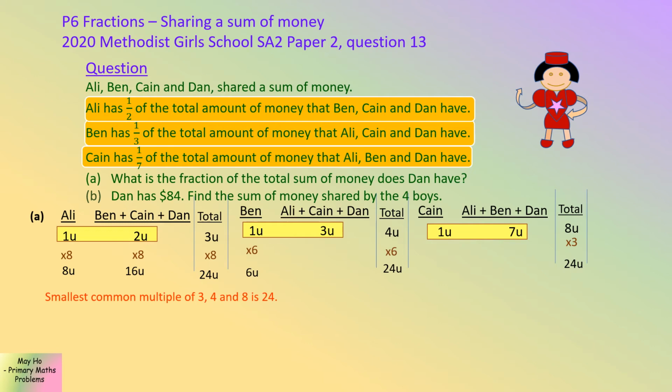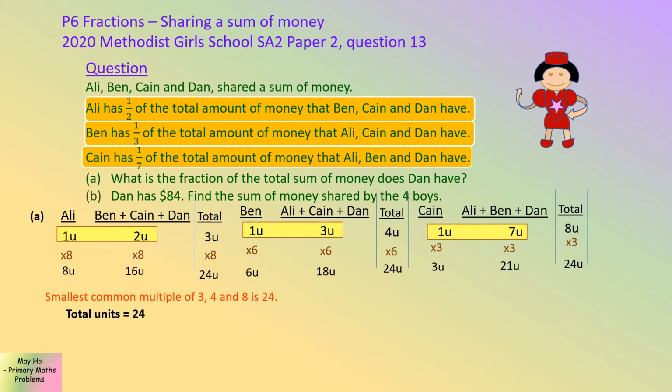The other 3 boys will be 3 units times 6 equals to 18 units. And from statement number 4, Ken now will be 1 unit times 3 equals to 3 units. The other 3 boys, 7 units times 3 will be 21 units.